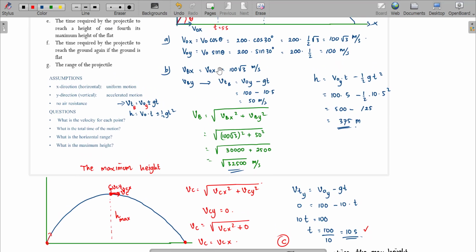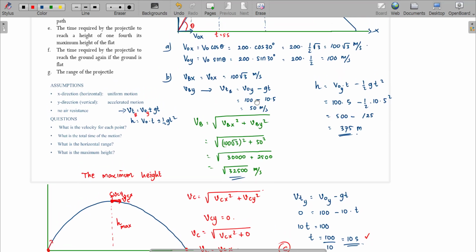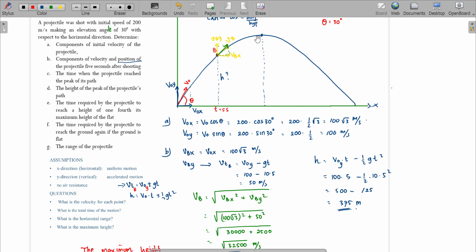And again you have velocity in B, C, D, E, and so on, which is the root of Vx squared plus Vy squared, for example, like Pythagoras.